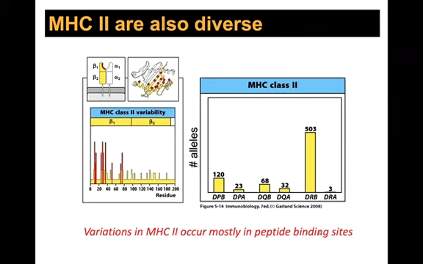Okay, so just like MHC class 1, variations in MHC class 2 mostly occur in the peptide binding sites. Now, that's one selection for people who can actually present peptides, but if you started making mutations in the alpha 2 or beta 2 regions, which are just structural, that structure would fall apart, and so you would select against people who have mutations there.